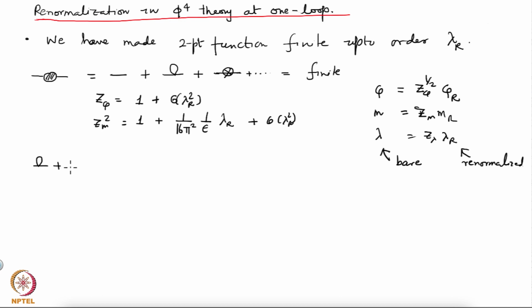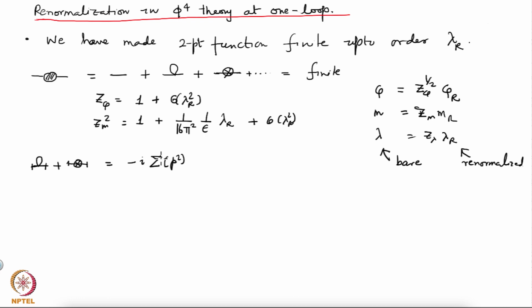So this diagram plus this diagram. Right now I'm not including the external propagators. You can put a cut, or this little text, to indicate that. And you remember, this is what we had defined as minus i sigma.